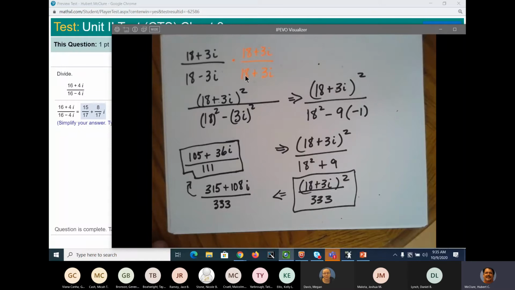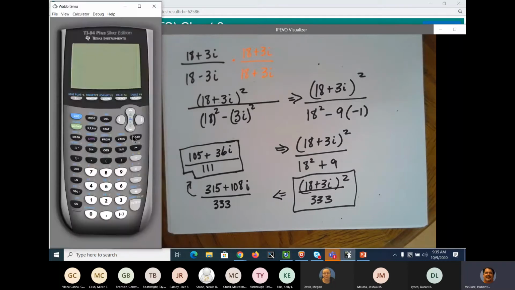So 18 squared minus 3i squared, and 18 plus 3i quantity squared. I'm checking 18 squared plus 9. Let me check that. 18 squared plus 9, 333.